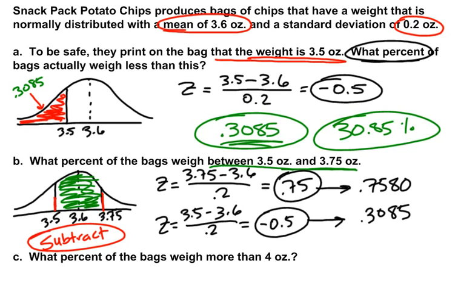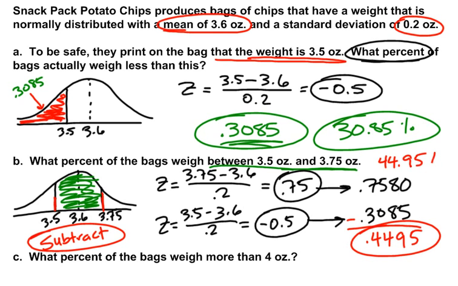So we're going to subtract these two values to get our final answer. 0.7580 minus 0.3085 would give us a final area of 0.4495, or 44.95%. I'll write it up here because I'm running out of space.